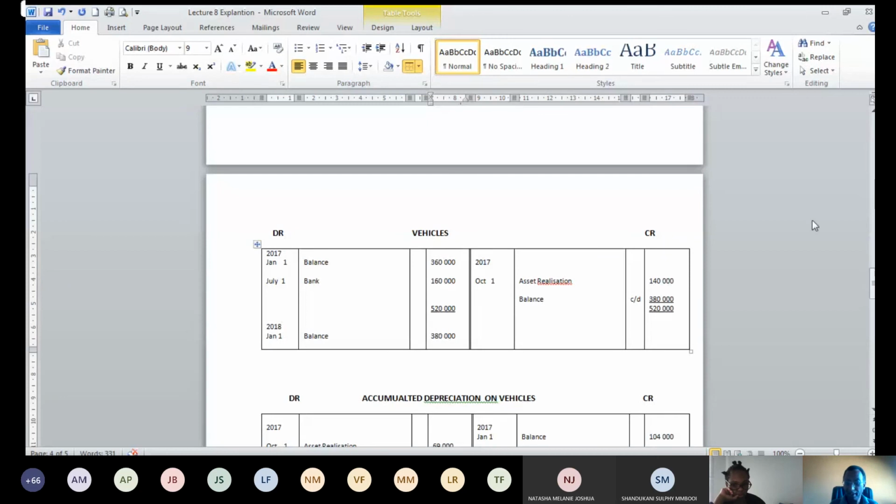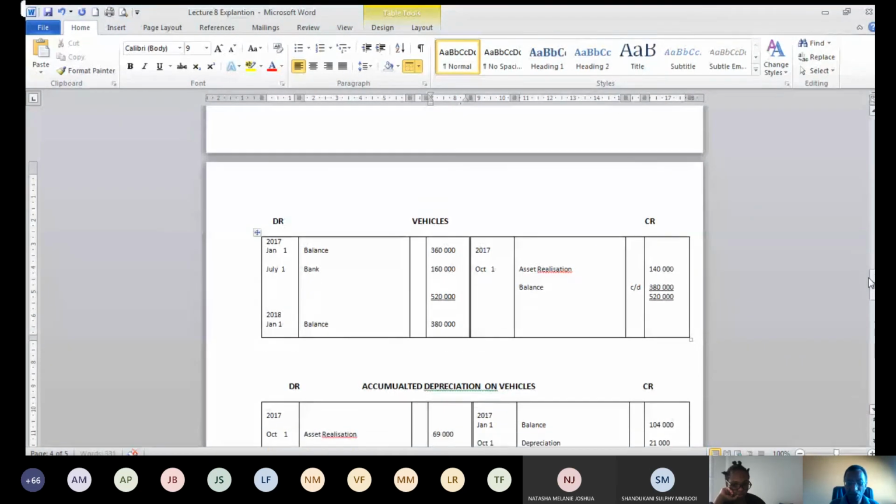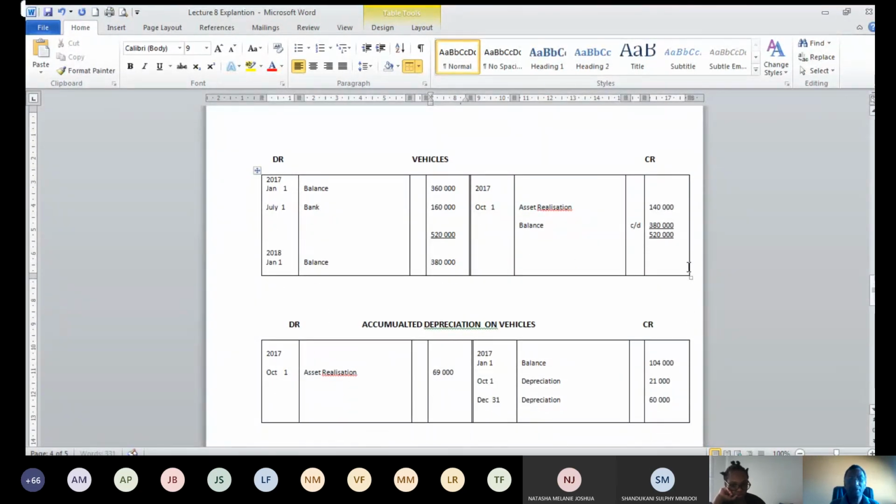That is what your vehicle account will look like. Just to summarize your vehicle account, remember we started off with 360. We bought a new vehicle for 160. We sold the vehicle with a cost price of 140. And the new balance that we will start off the new year with is 380,000 Rand.